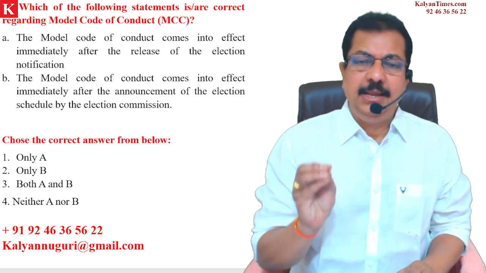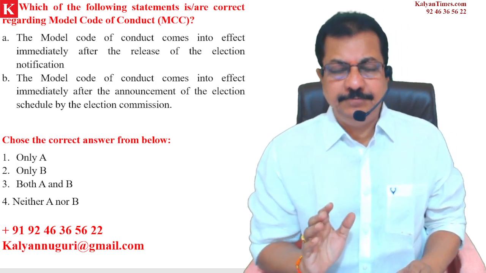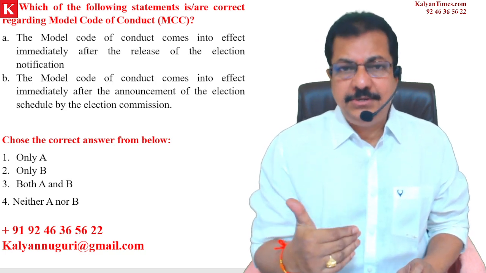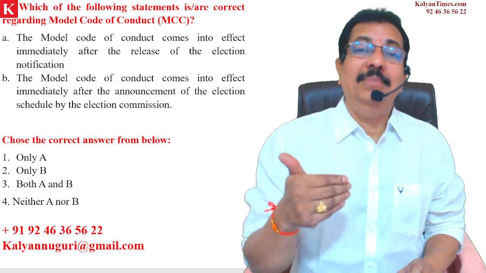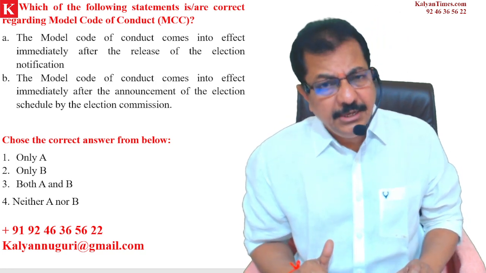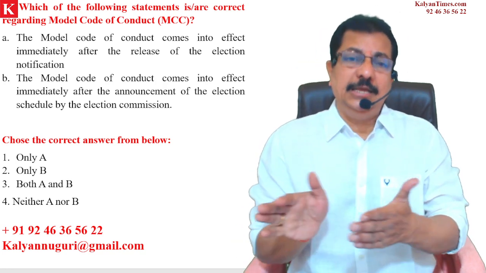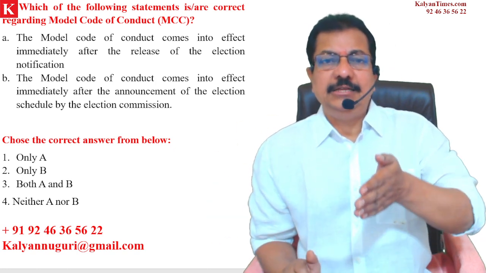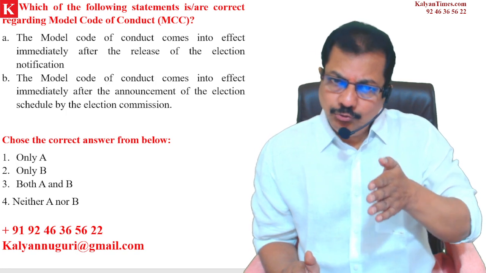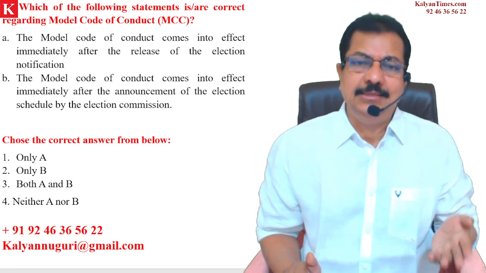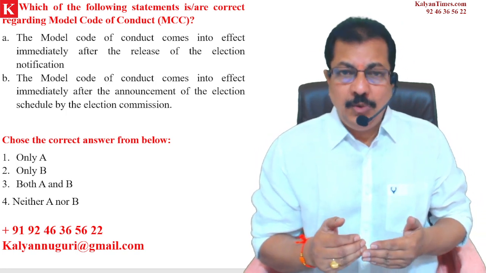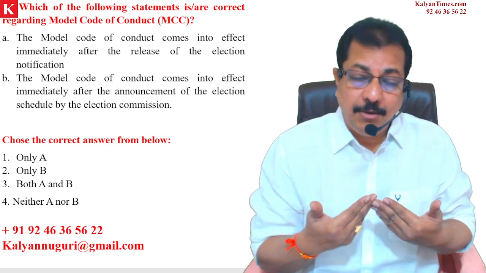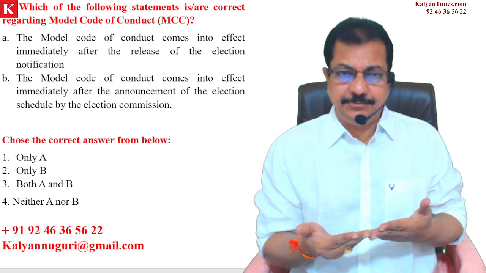The moment the election notification is issued, that is the beginning of the permission for the submission of nomination papers. A nomination paper is nothing but an application. For examinations, it is called an application, whereas for elections, those candidates who want to contest have to submit nomination papers to the election commission.